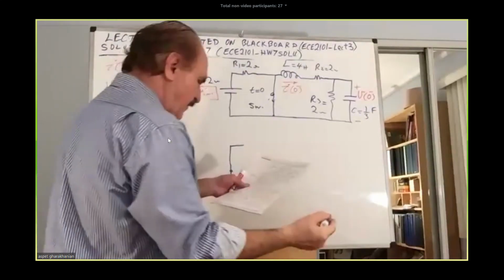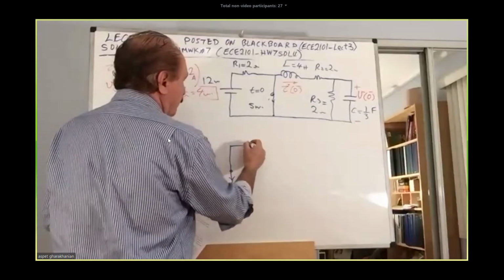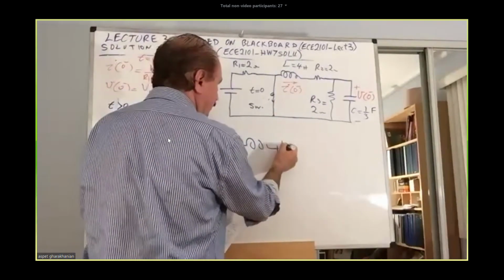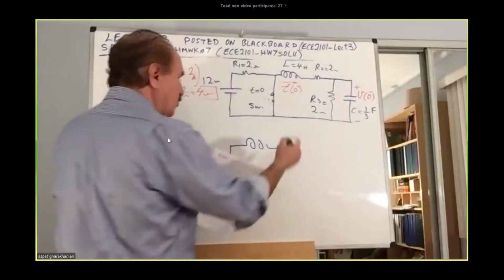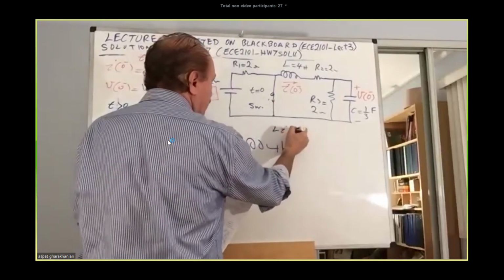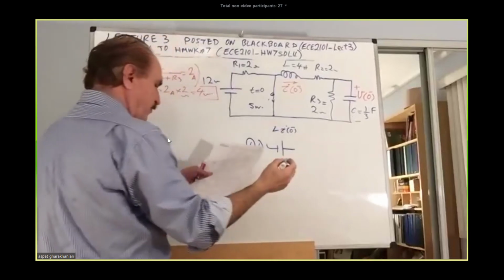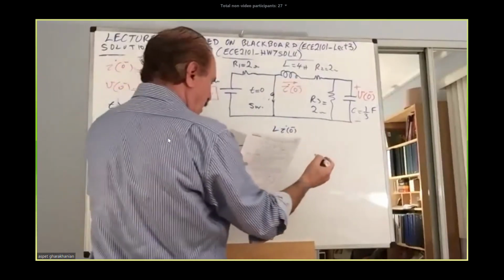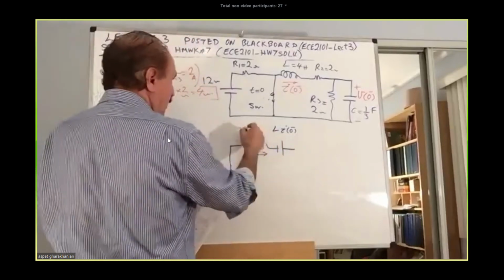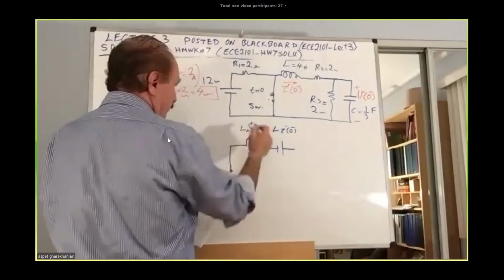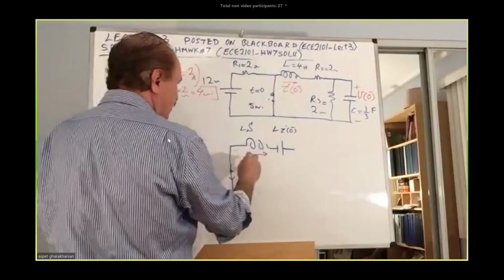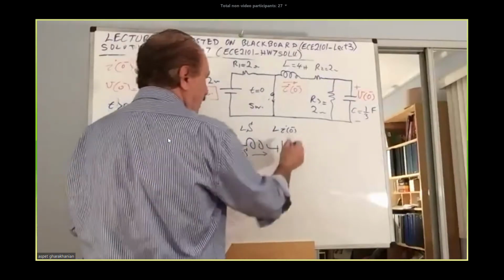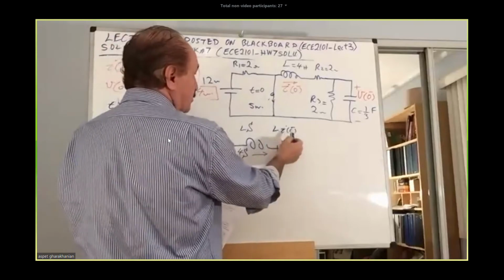Then you have the inductor. Then you will post the DC voltage, which is Li of 0 minus. And remember, heading of the current was that way. And then you will post for Ls the value of 4S. So this becomes Li of 0 minus.